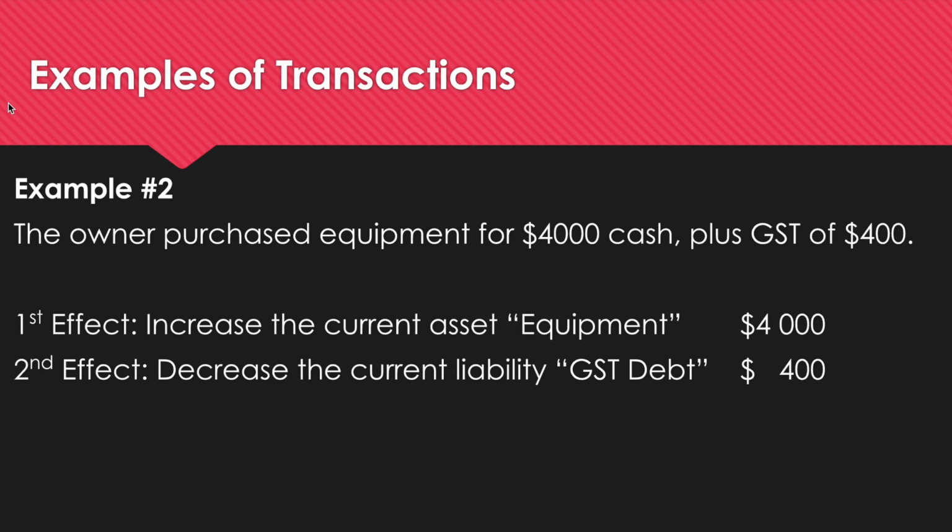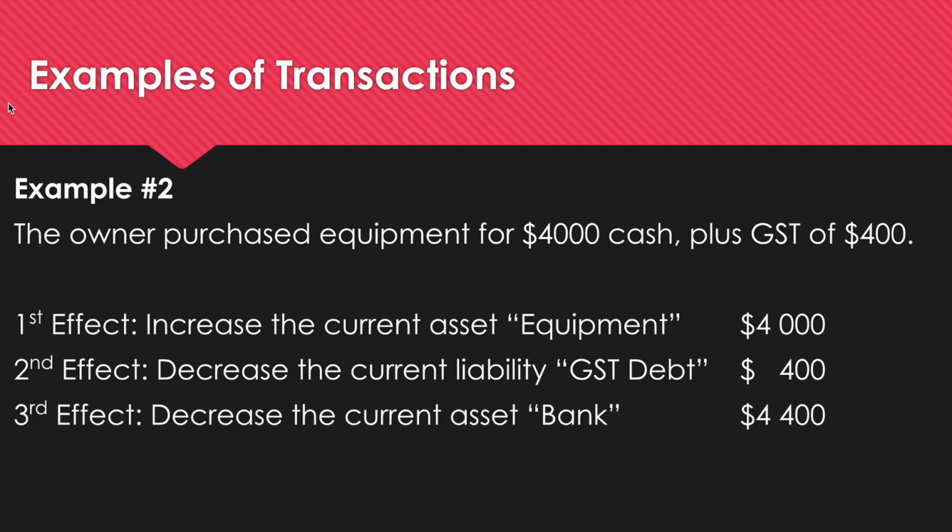The second effect is a decrease in current liability, which is also known as a GST debt. The third effect is a decrease in the current asset, so the bank will decrease by 4,400.